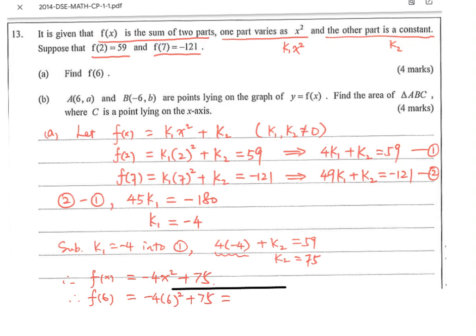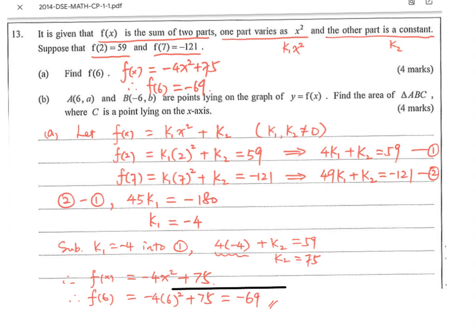We can use a calculator. Negative 4 times 36 plus 75, so we have negative 69. So part A's answer: let me write down, f(x) equal to negative 4x squared plus 75. So we have f(6) equal to negative 69.